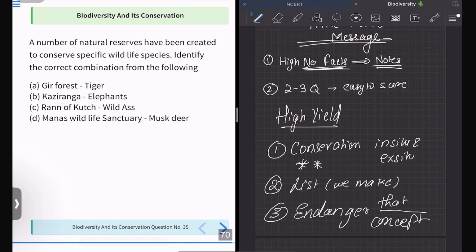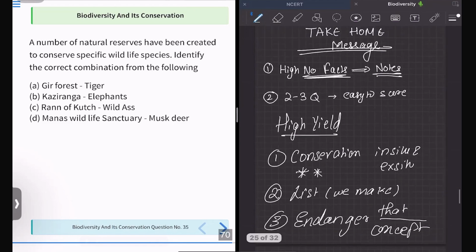I hope you have understood. We have discussed the high yield topics in much detail, and I have tried to give you some take home messages. All you need to do is sit and focus on this previous year question. Keep revising the chapters from your books and your notes, and solve new questions as well.